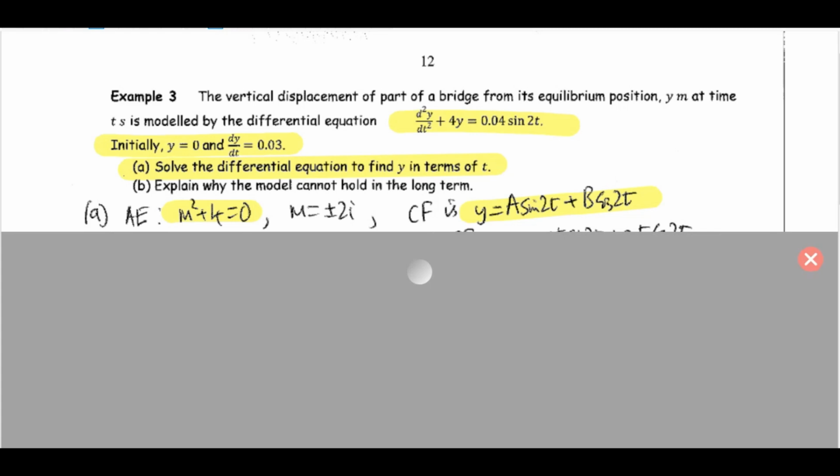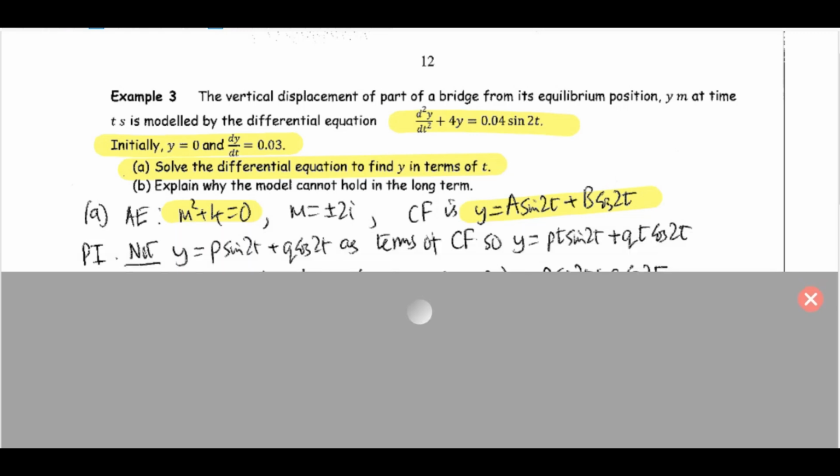So consequently, you have to put an extra factor of t in front. So the trial particular integral we use is not y is p sine 2t plus q cos 2t, as they're terms of the complementary function. It's y is pt sine 2t plus qt cos 2t.